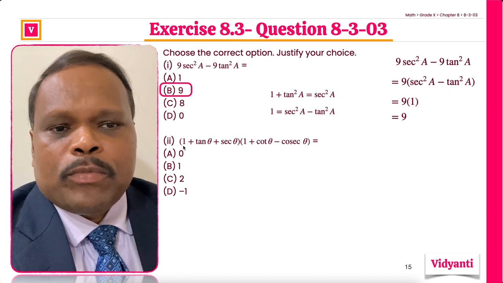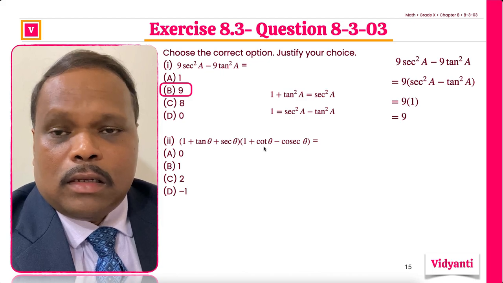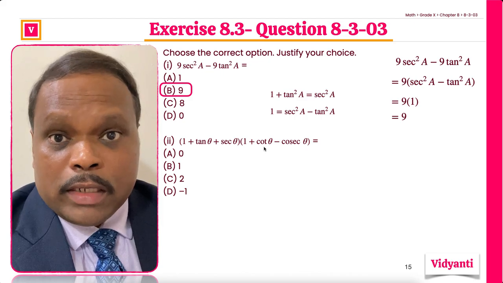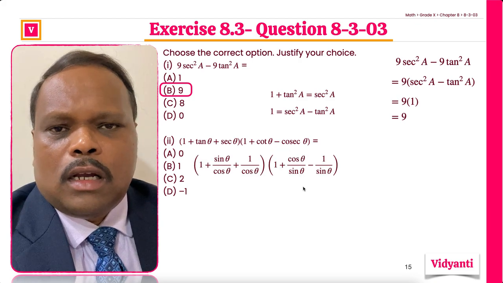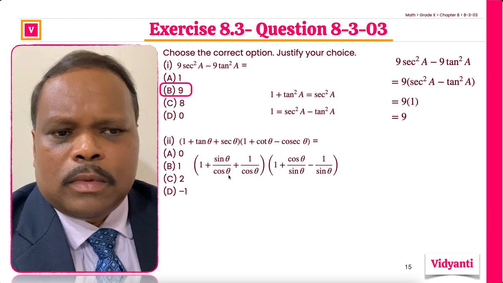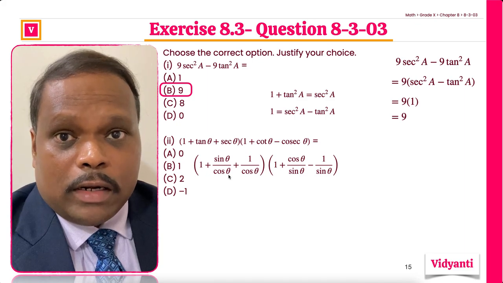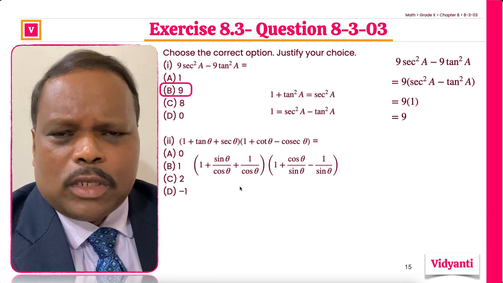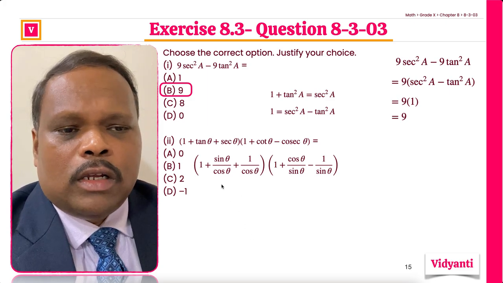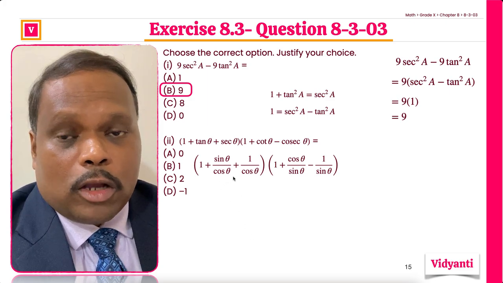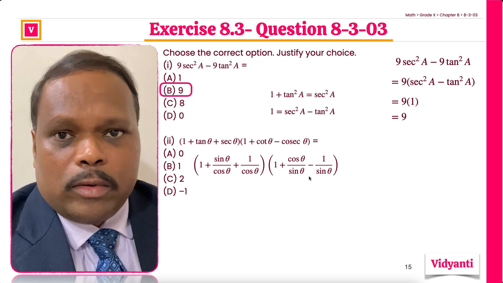Now second one, 1 plus tan theta plus sec theta, that's one bracket, and second bracket is 1 plus cot theta minus cosec theta. Let's try to make them in terms of sine and cosine. So we'll have a common denominator, and let's see whether it goes somewhere. Here the common denominator will be cos theta, here the common denominator will be sine theta.